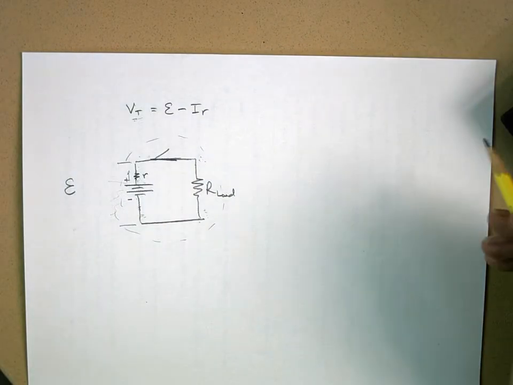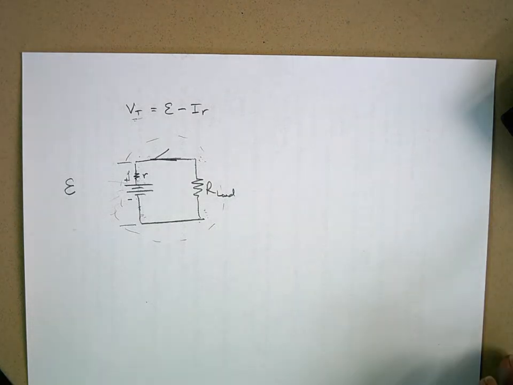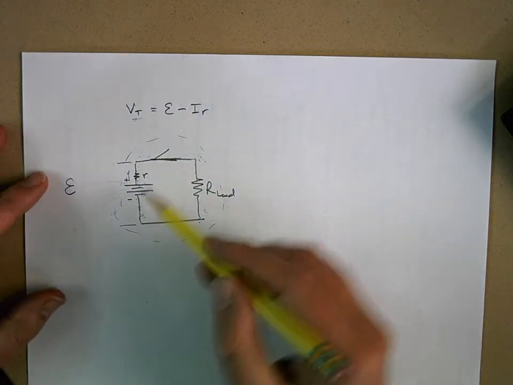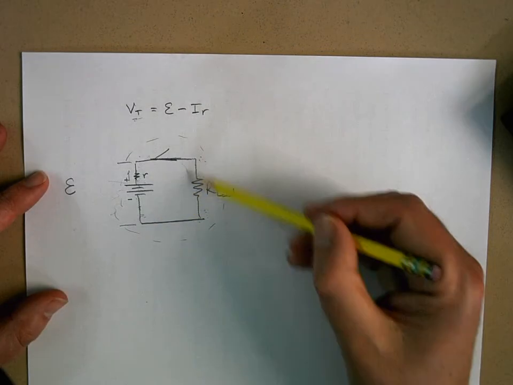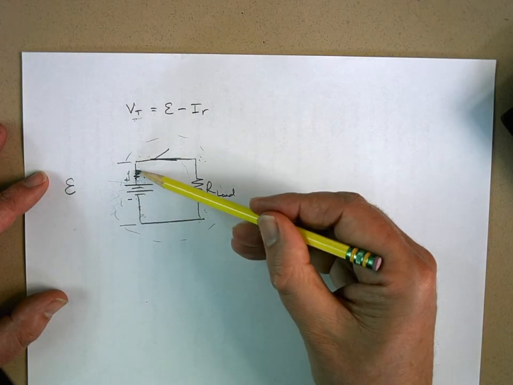Okay. Now, let's see here, where are we at? And this is kind of going to lead to one of our Kirchhoff's loop rules, right? Voltage gain, voltage loss, voltage loss.